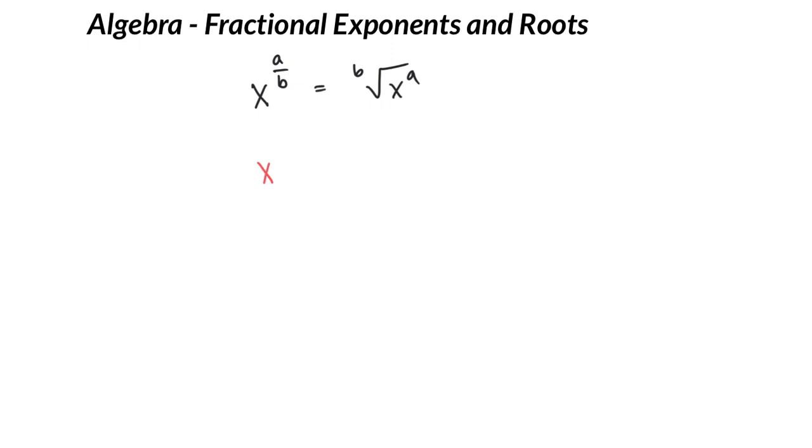If I had x to the 3 over 4, again, that means we're taking the fourth root of x cubed. So again, power is on the numerator, the root is on the denominator. If we were doing x to the 1/3, that is the cube root of x to the first, but again, we typically just write cube root of x.